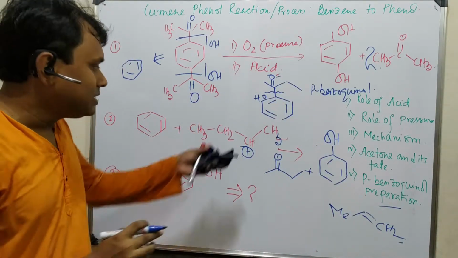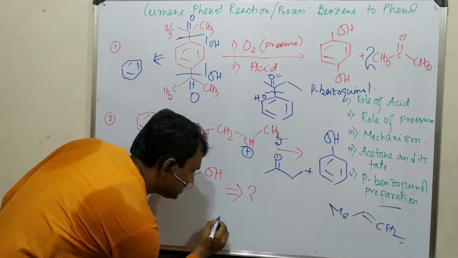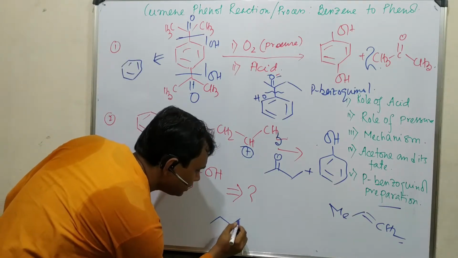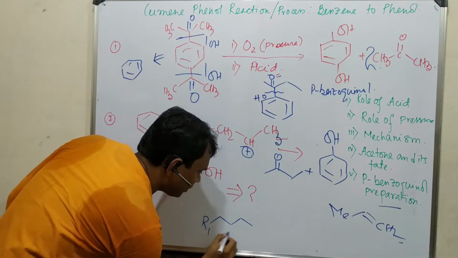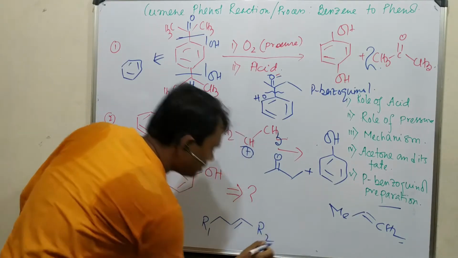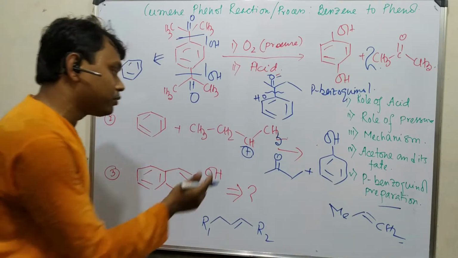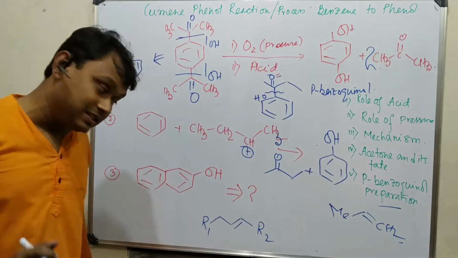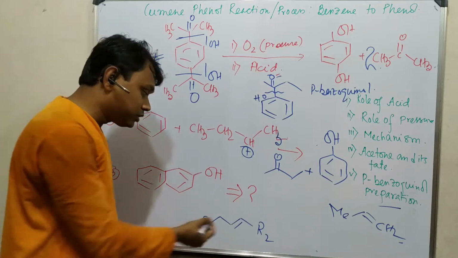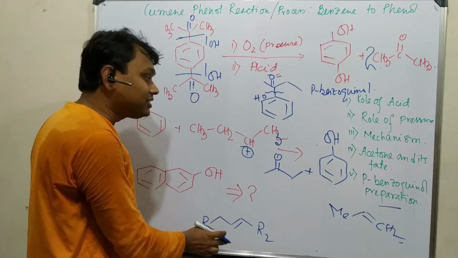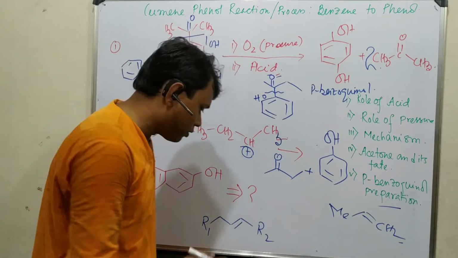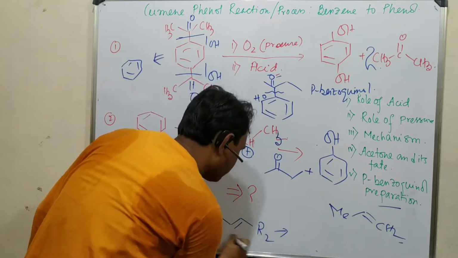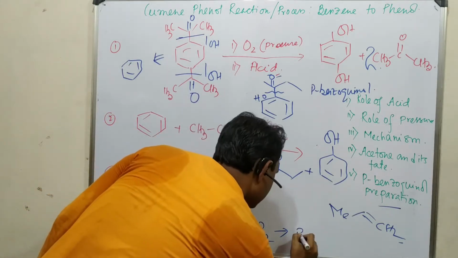But for example, instead of this, if it is given to you, means for example this is R1 and this is R2. Now both are secondary. If the protonation happened, instead of this terminal alkene, some internal alkene is given, there is a chance of both secondary carbocation formation. Then there will be a mixture of carbonyl compounds. What do I mean by a mixture of carbonyl compounds?